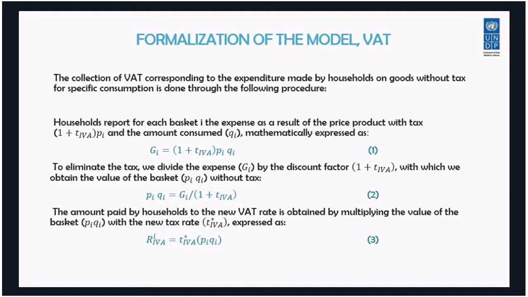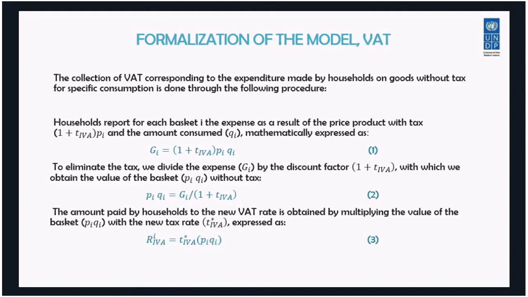What is the tax? It's 10%. So the first identity in black characters, 1 plus the tax, is 1 plus 0.1, that is 10% of the tax. So it is 1.1 times the market price of the milk. And Q is the quantity. In this example, it's 3 liters per month or per week that this household consumes.